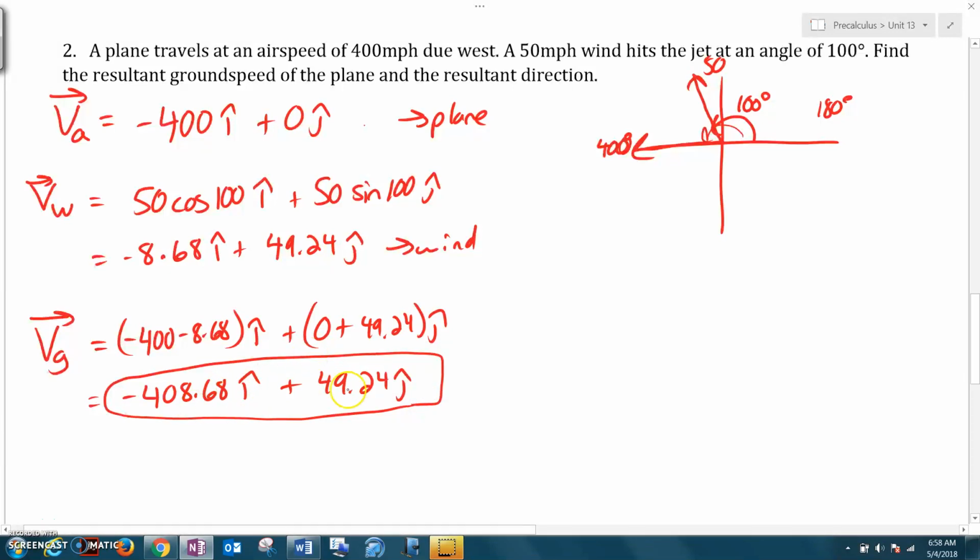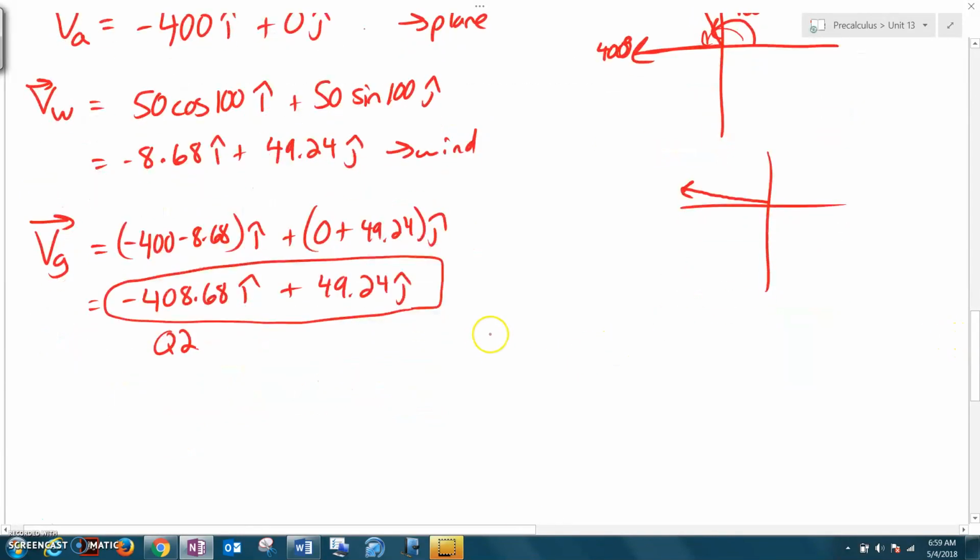So first of all, if I graph this, it's in quadrant 2. The resultant vector is way over here and then a little bit up. So this is what the plane's actually doing from someone on the ground, because the wind's pushing it a little more than just west. To find that, remember, we have the two formulas. We have the magnitude of this, which gives us the speed. So it's the square root of both parts.